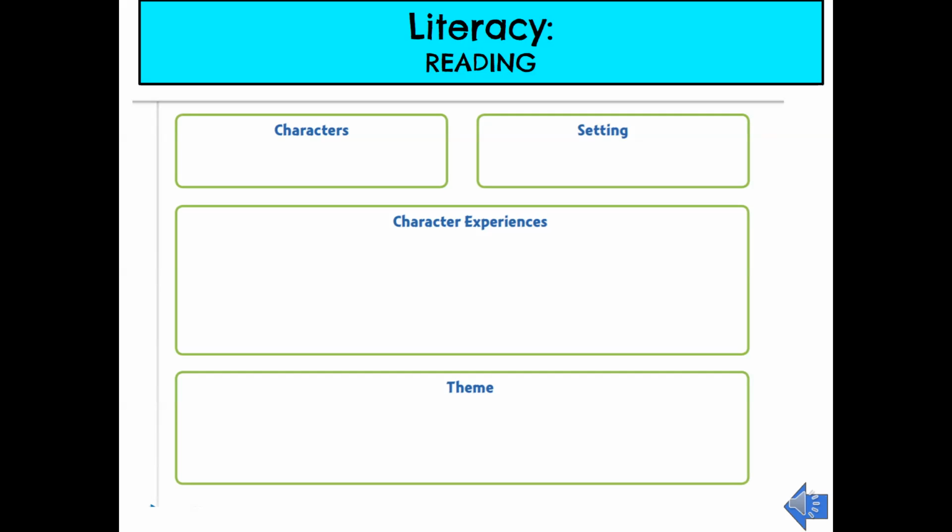that's totally fine, okay? But what I want you to do is think about who the characters were. I want you to write down and think about what the setting was. And then I want you to think about what the characters experienced. And not just one character, but all the characters, okay? What was the experience of the characters in this particular drama passage that we just read, okay? And as we talk about that, I want you to write down the details.